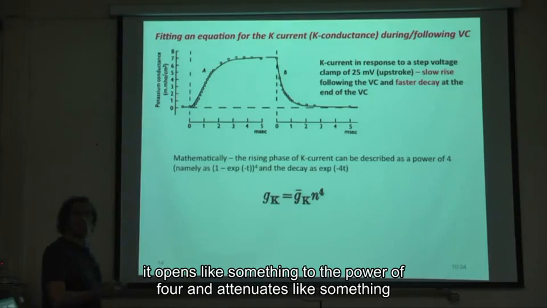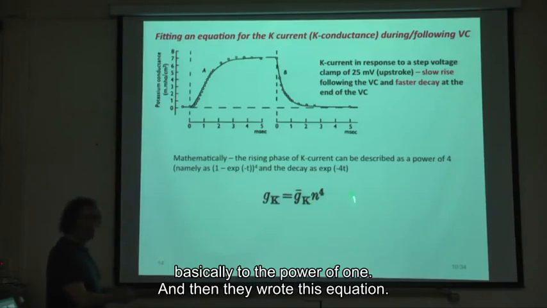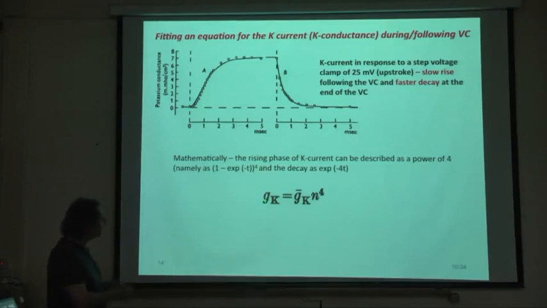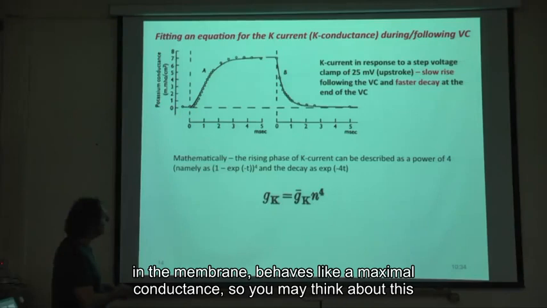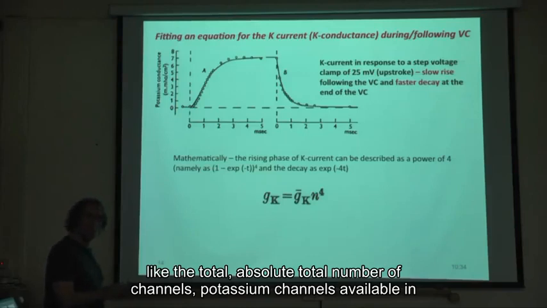But not always is all this conductance open, because the actual conductance is multiplied by a factor that they called N. It's an activating parameter. It is a voltage-dependent parameter, this N. This N goes between 0 and 1.